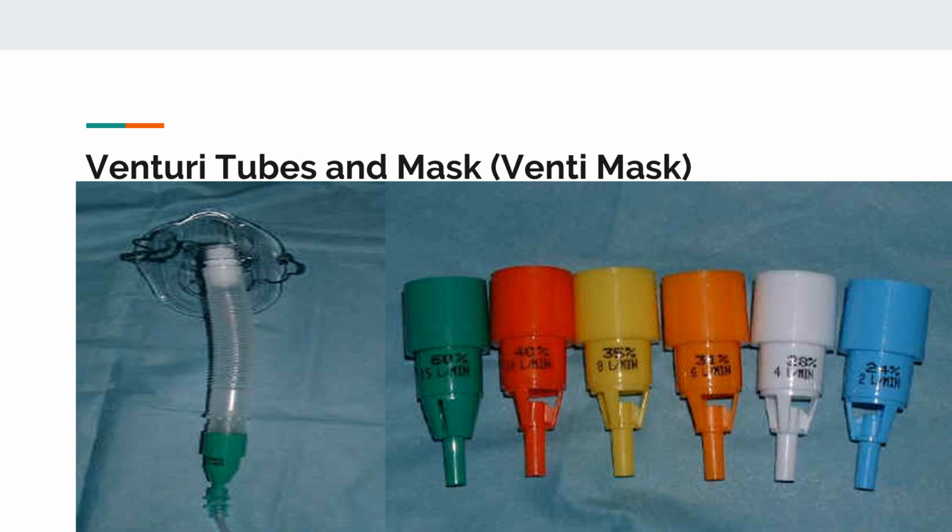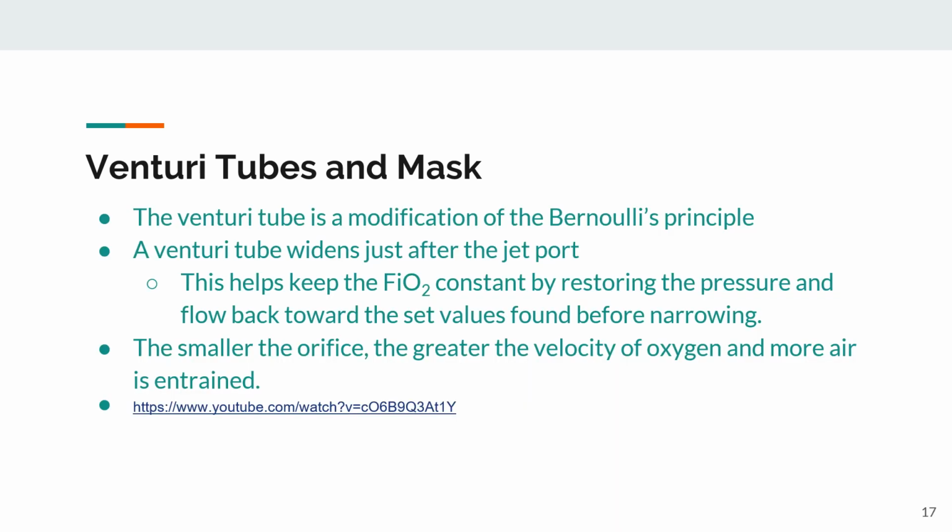But these are still considered high flow systems because of the way that the oxygen is bled in through those small little orifices in the bottom of these little adapters. Believe me, we'll go over this more. This is kind of poor, but you'll be able to see it. There is a little YouTube video on this one here.